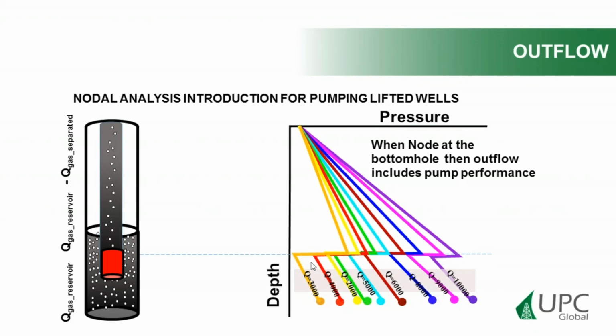You can see here the jump, and depending on the pump, the pressure increase in the pump depends on the rate. So when having a pump, we can always do nodal analysis, knowing that you have to include the pump performance in the pressure drop computations.